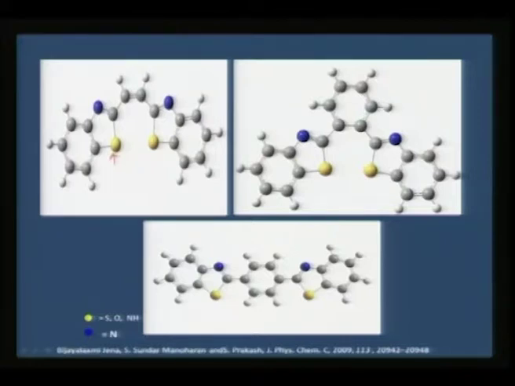Now when you have two of these, these are planar molecules, and you can try to have an extended pi conjugation by introducing a linker molecule such as ethylene, or you can have a linker such as a phenyl group. So either ethylene or phenyl group can be used to provide an extended pi conjugation.